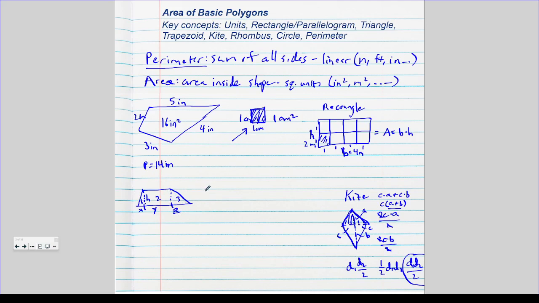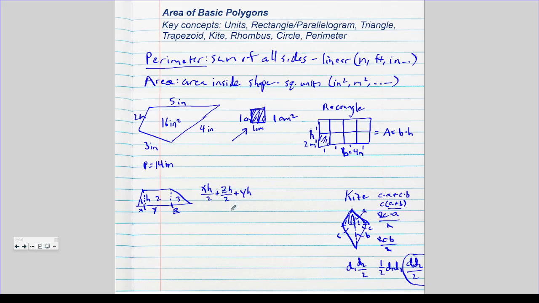Shape 1, which is a triangle, would be x times h over 2, because it's 1/2 base times height. Shape 3 would be z times h over 2, because it's a triangle. And the middle shape is a rectangle, so its area would just be y times h all by itself, because that's the area for a rectangle.